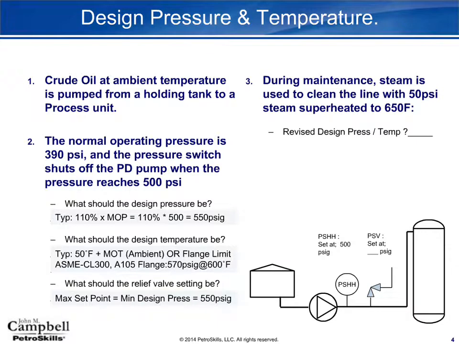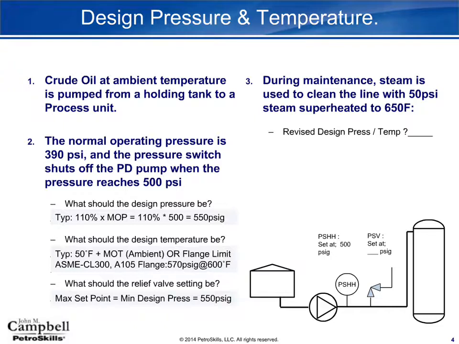So in this particular example, this system has a maintenance activity. And during this maintenance activity, they use low-pressure steam, which is superheated, and that superheated temperature is way above what the flange rating, the class 300 flange, would be at the 550-pound design. So we have to look at this and go, well, do we need to upgrade now to a class 600 flange?